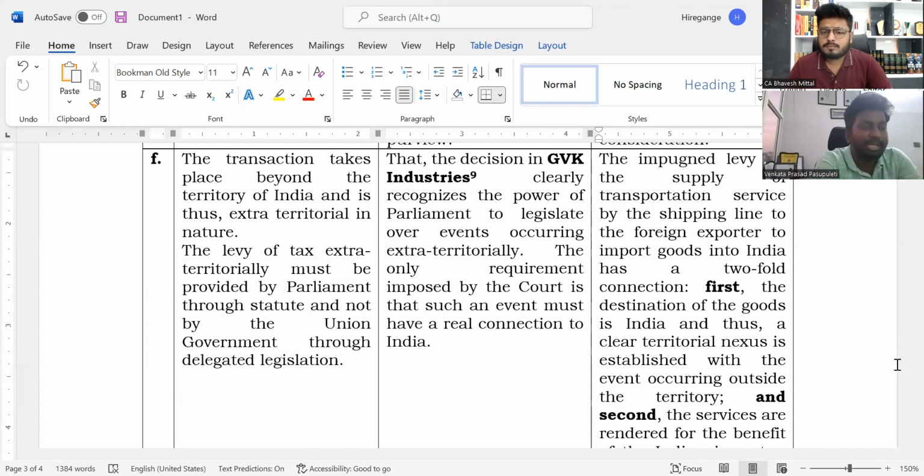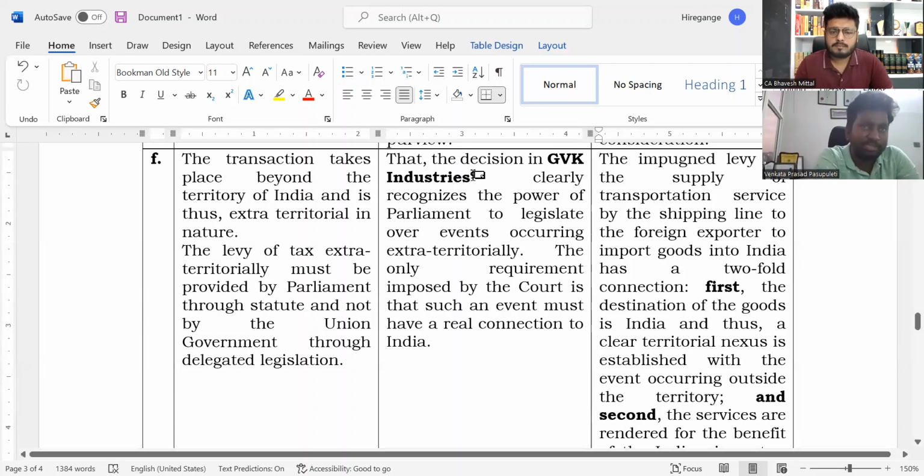So it cannot have any nexus with India, except that goods are coming to India. If they are taxing a transaction which is concluded and agreed outside India, it cannot be taxed, and they have referred to the GVK Industries Supreme Court judgment of 2011, 2016 judgment.